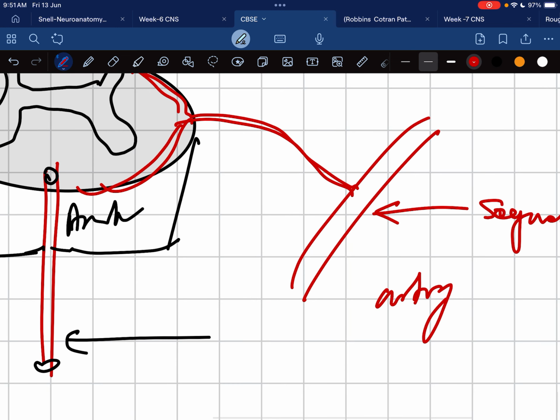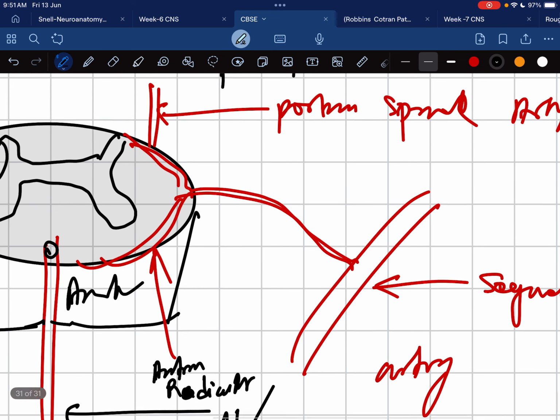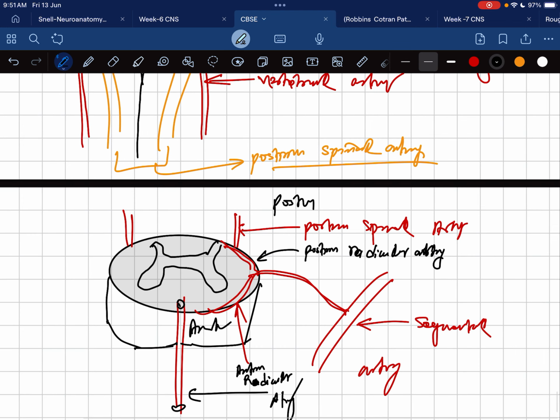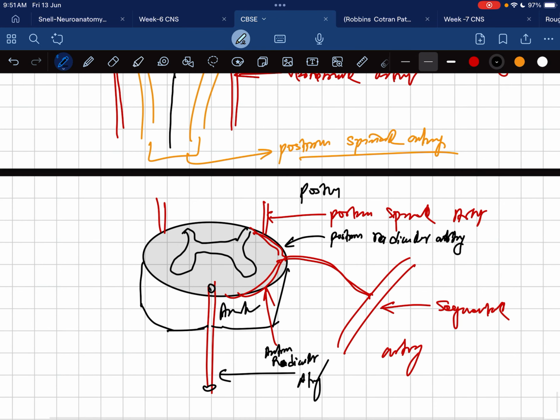So it is known as anterior radicular artery. This is known as anterior radicular artery. This is posterior radicular artery, and these are anastomosis.